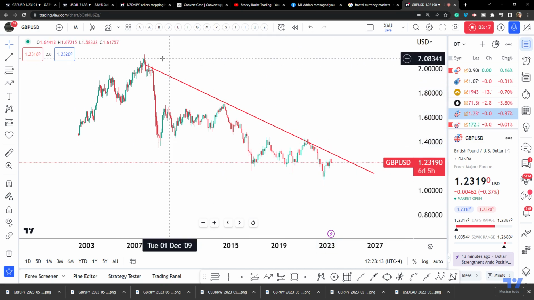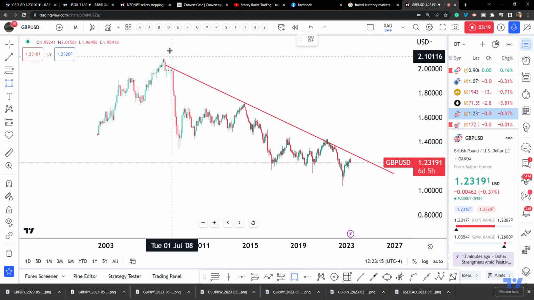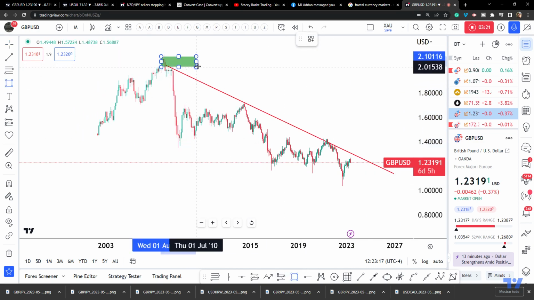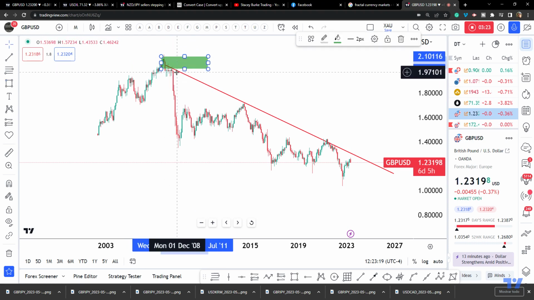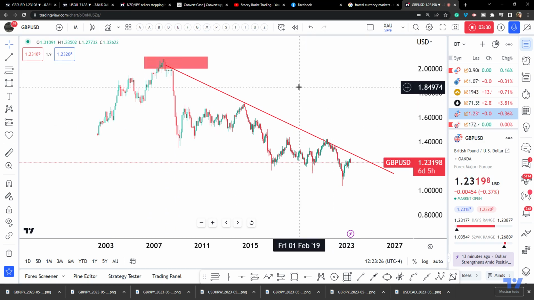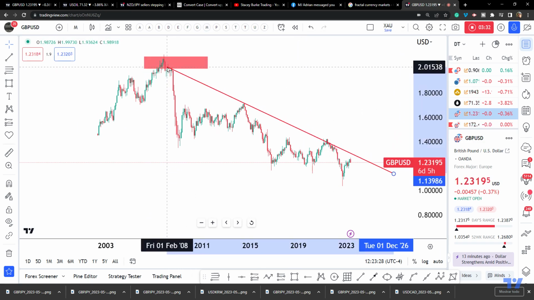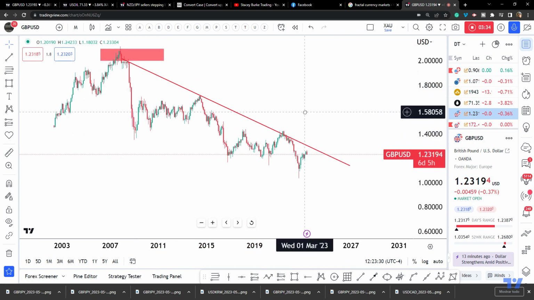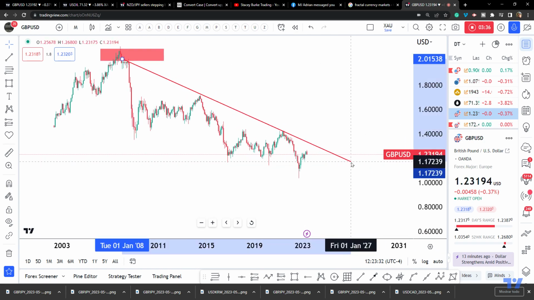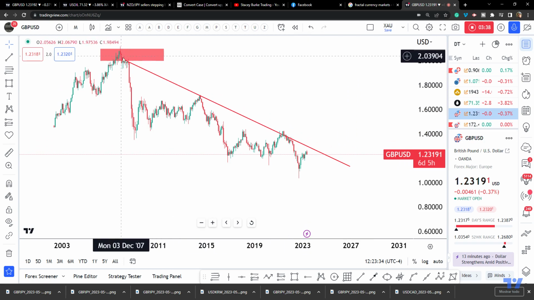To justify that, you might say, well, this was a false breakout, very heavily sold off, so I'd agree with that. So maybe it's best drawing the trend line from down in here, and you're connecting the dots.